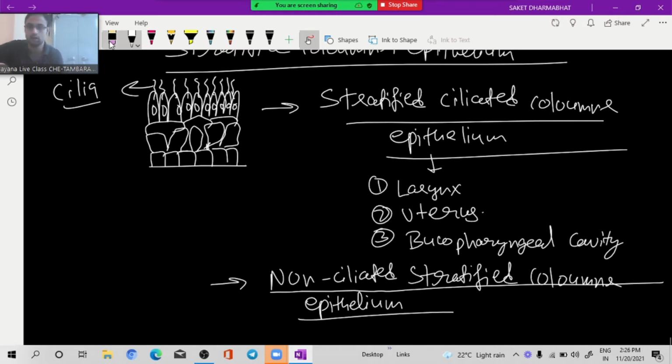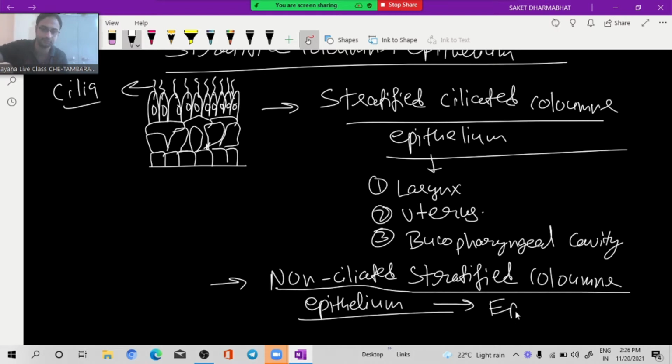Clear or not? Non-ciliated stratified columnar epithelium. So where is this type of epithelium found? This is found in the epiglottis.